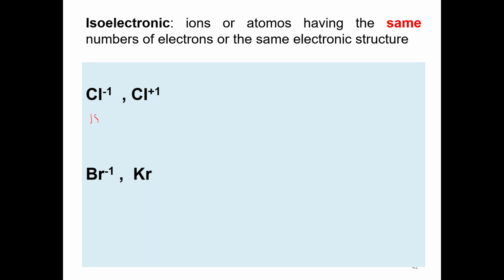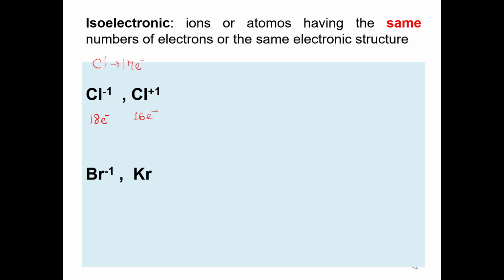If it's positive, +1 means the chlorine lost 1 electron, then this positive ion of chlorine will have 16 electrons, 17 minus 1.